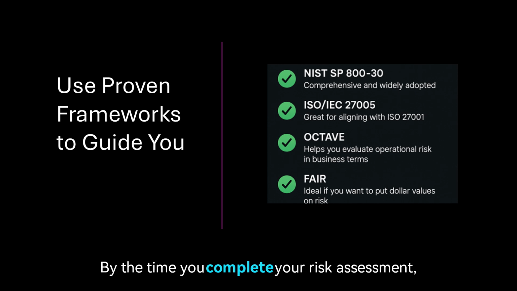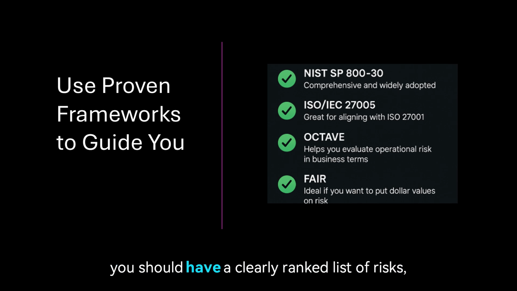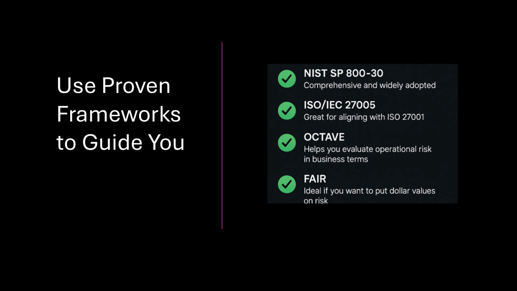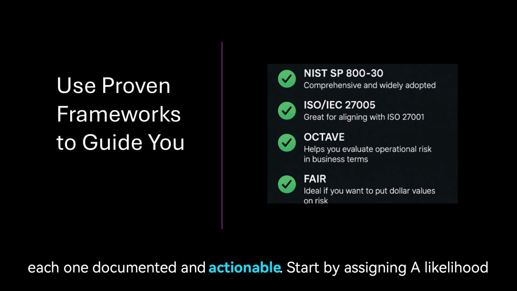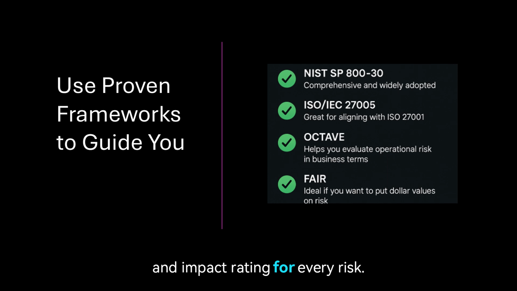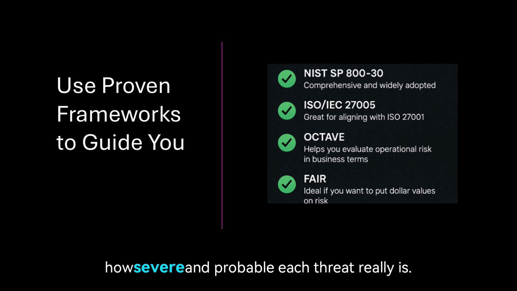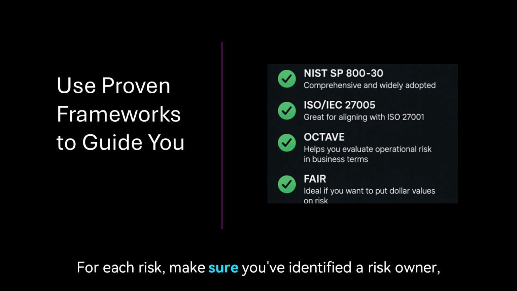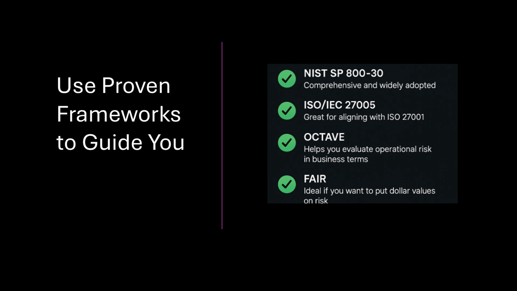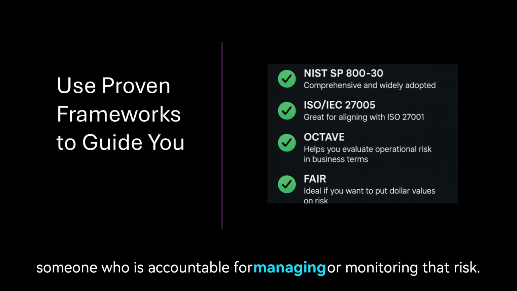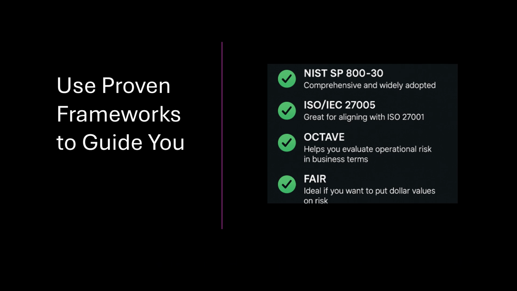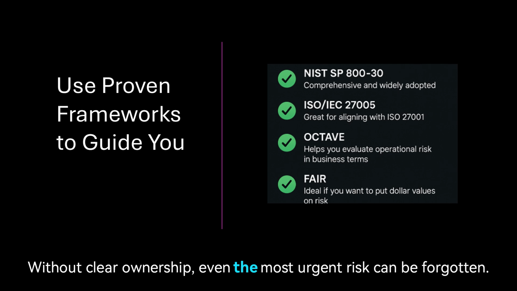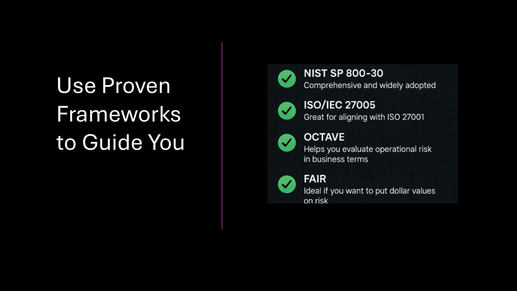By the time you complete your risk assessment, you should have a clearly ranked list of risks, each one documented and actionable. Start by assigning a likelihood and impact rating for every risk. This gives you a way to prioritize based on how severe and probable each threat really is. For each risk, make sure you've identified a risk owner, someone who is accountable for managing or monitoring that risk. Without clear ownership, even the most urgent risk can be forgotten.